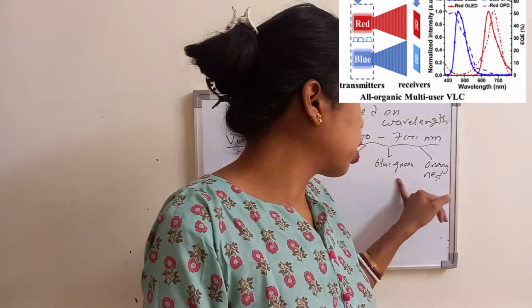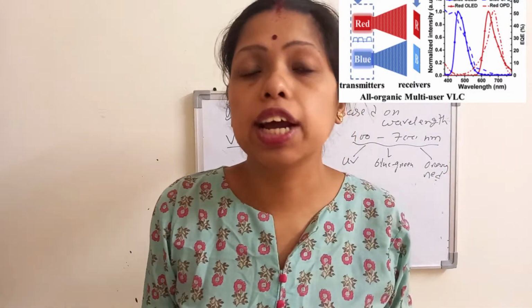Blue and green light photodetectors can be used in different color image sensor applications, cameras. And specifically the red light photodetector is used for visible light communication.